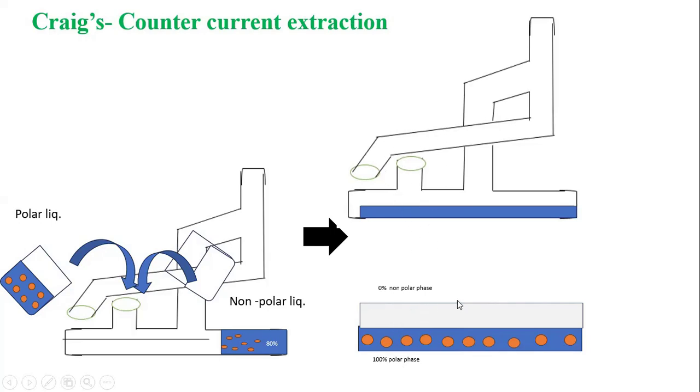So passive diffusion occurs, that is, the transfer of molecules from higher concentration to lower concentration. Where is the higher concentration? At the bottom. In the polar phase there is 100% active chemical component, and above there is 0%. Because of the shaking, passive diffusion occurs and the active chemical component transfers.